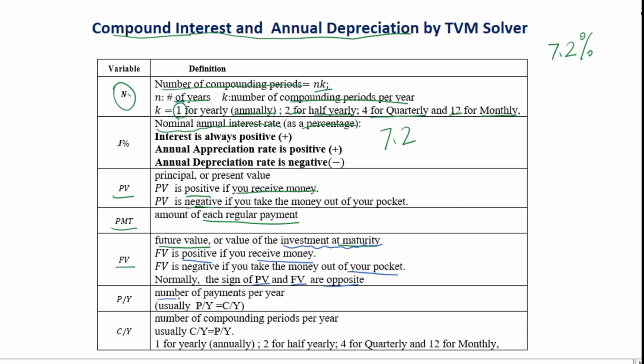P/Y stands for number of payments per year. C/Y is the number of compounding periods per year. Usually, C/Y equals P/Y. Compounding periods per year is 1 for yearly or annually, 2 for half-yearly, 4 for quarterly, and 12 for monthly.